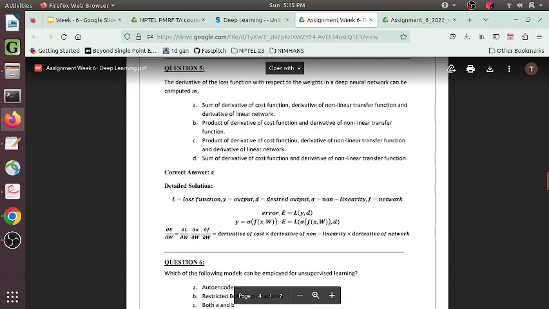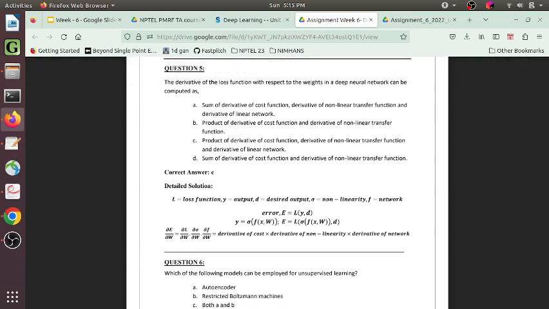The derivative of the loss function with respect to the weights in a deep neural network can be computed as the sum of the derivative of the cost function, derivative of the nonlinear. Okay, what's the doubt here? The answer is option C, but I'm not getting it.